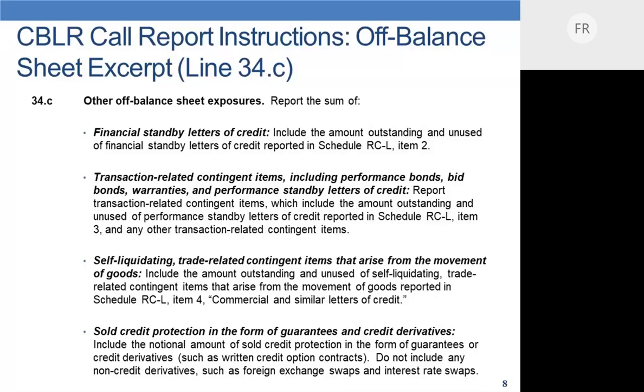Self-liquidating trade-related contingent items that arise from the movement of goods. These items are reported in Schedule RCL Item 4, which is titled Commercial and Similar Letters of Credit. Sold credit protection in the form of guarantees and credit derivatives. This item does not neatly tie to call report line items included in other schedules, but it is important to note that institutions should not include non-credit derivatives such as FX swaps and interest rate swaps.